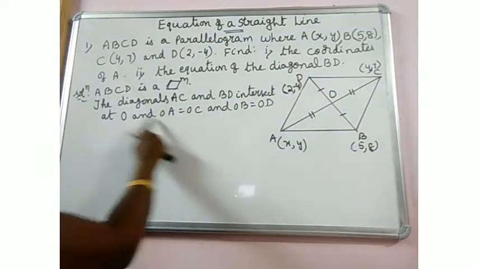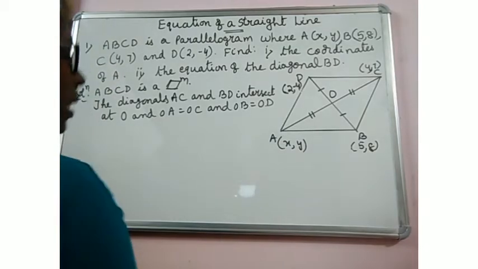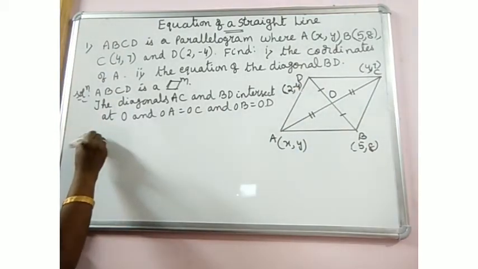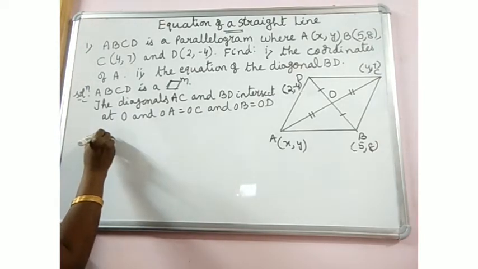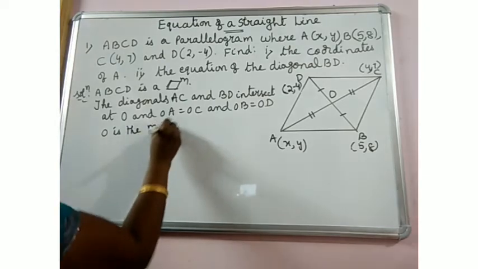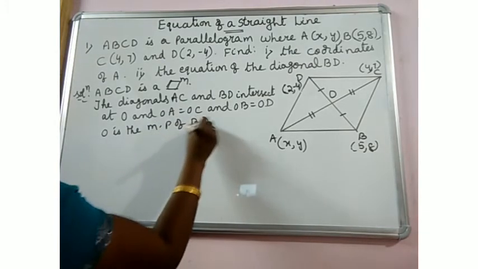They intersect at O. Now let us find O. O is the midpoint of BD.